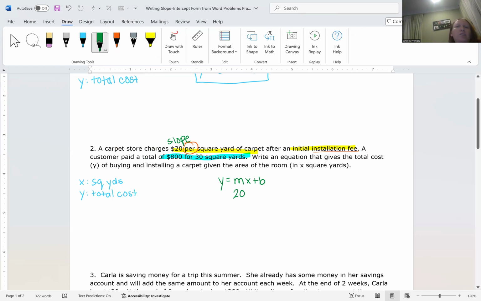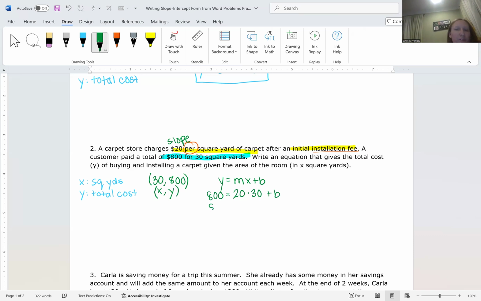Because if someone paid $800 for 30 square yards, and X is square yards, then 30 square yards matches with $800. There's our X and our Y that we can temporarily plug in. So we put the 800 in for the Y, the m is 20, and the X is 30. Remember, mx means we have to multiply them.